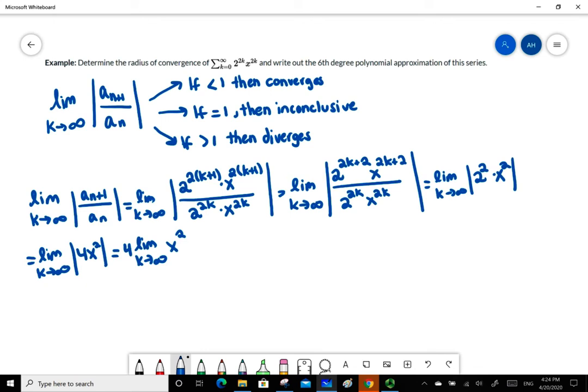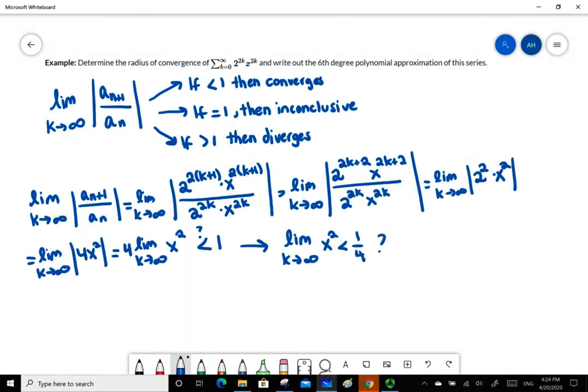Now, to figure out the radius of convergence, we need to figure out what values of x would make 4 times the limit as k approaches infinity of x squared less than 1. In other words, for what values of x will the limit as k approaches infinity of x squared be less than 1/4?